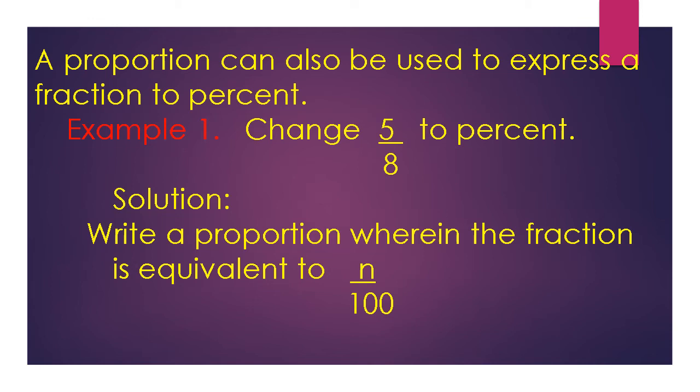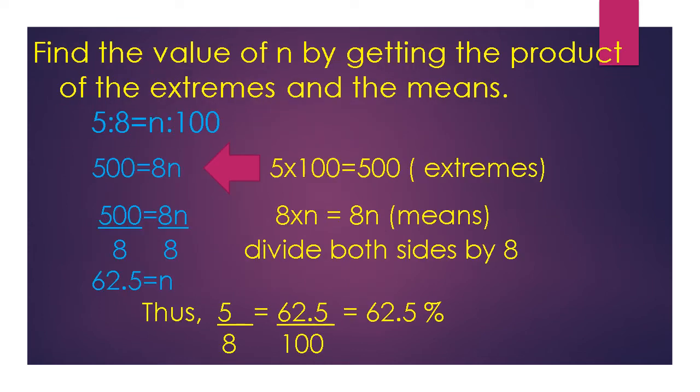A proportion can also be used to express a fraction to percent. Example number 1, change 5/8 to percent. We have a solution. First is write a proportion wherein the fraction is equivalent to n over 100. So the proportion is 5 is to 8 is equal to n is to 100.